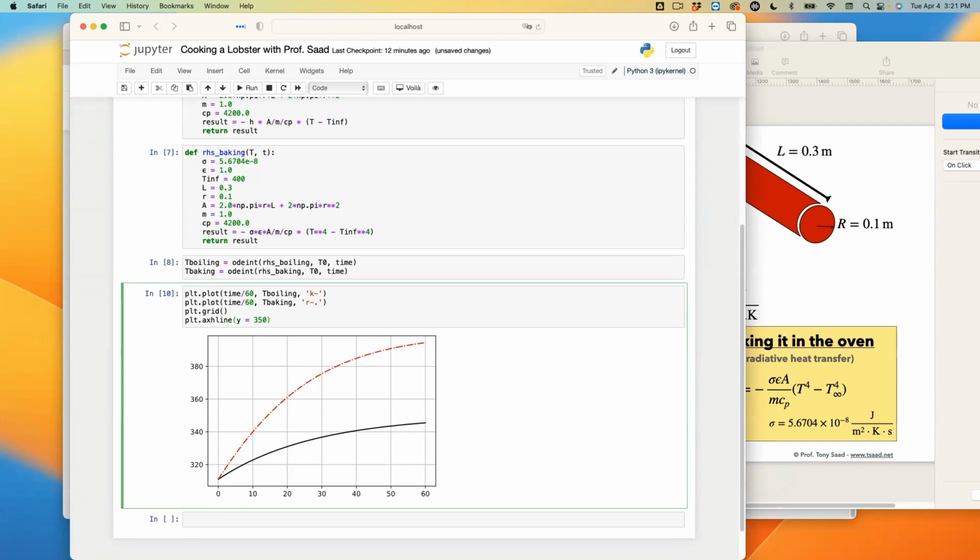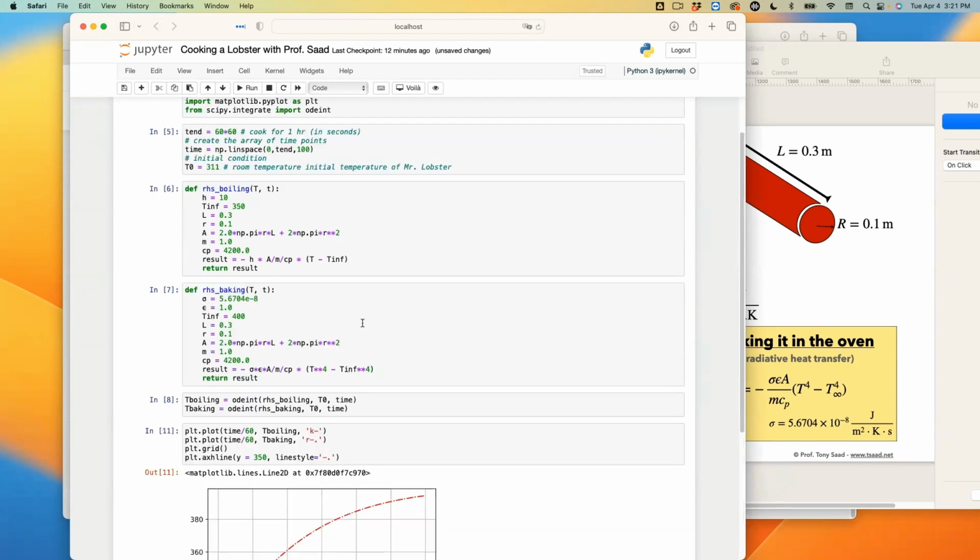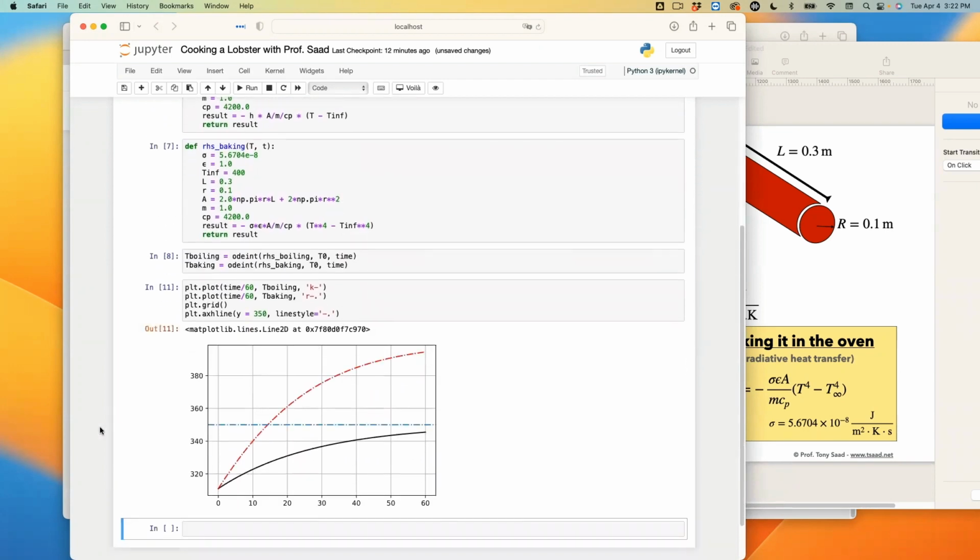That's the well done temperature, and linestyle is equal to dash-dot. So this horizontal blue line is the well done temperature. Once the curve hits that line, it means we cooked it.